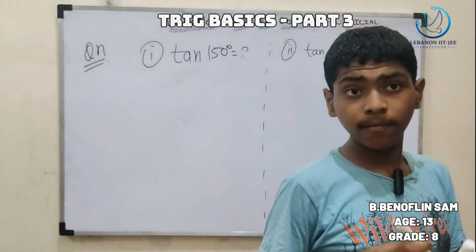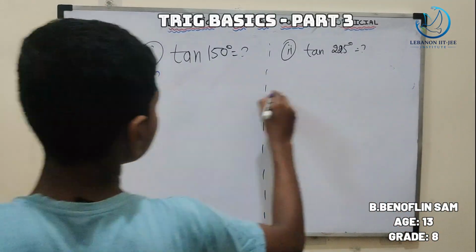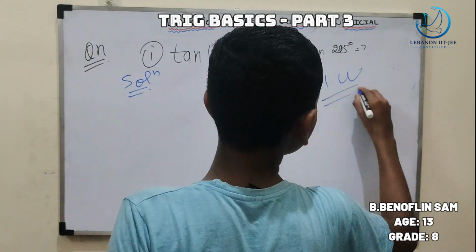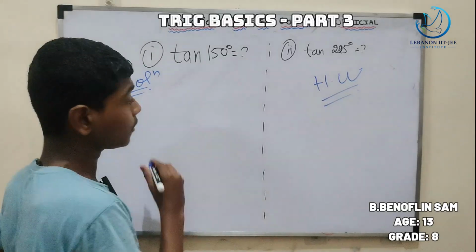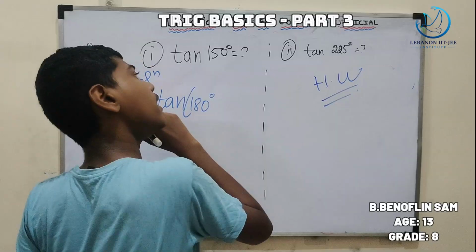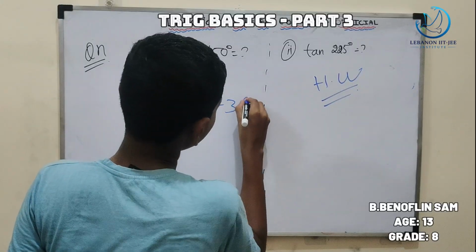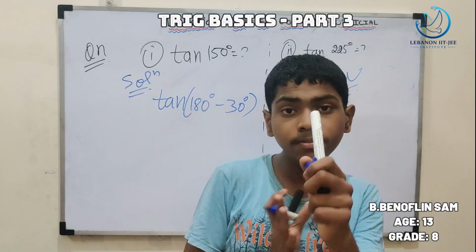The first question, this is a homework question. That's like giving this homework only. This is tan 150 degree. How can you take it? So tan of 180 degree minus 30 degree. If we subtract from 180 degree, it becomes the second quadrant only.